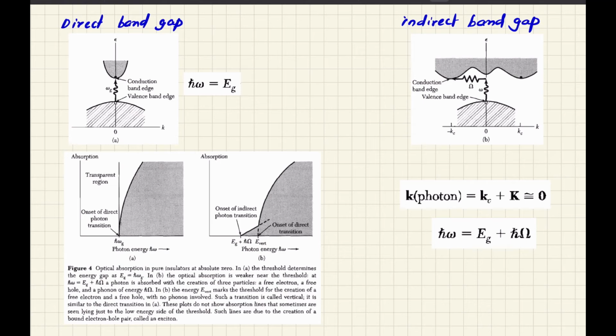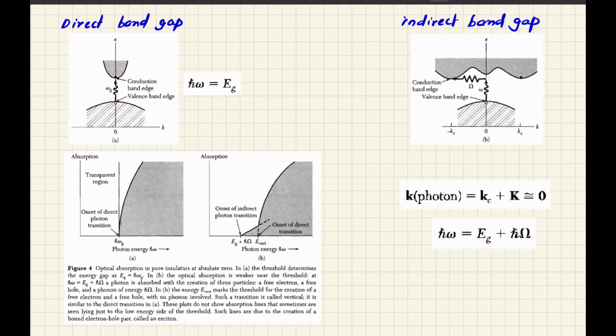Now the nature of the band gap in the material is determined by the optical absorption process. If we shine a light onto this material, the electrons in the valence band absorb the energy and get excited to the conduction band, leaving behind a hole.